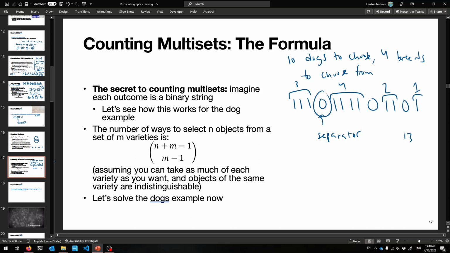Really, all this boils down to is take a string of 10 1s, because you have to have 10 1s no matter what, and then just place the 0s somewhere. So it's really a game of where to place the 3 zeros. So how many ways are there to choose 10 dogs where there are 4 different breeds? 13 choose 3. That's pretty cool. So it's really equivalent to picking where you want the zeros to go in the string. This is the formula for it, but this is equivalent to picking where you want the zeros to go.